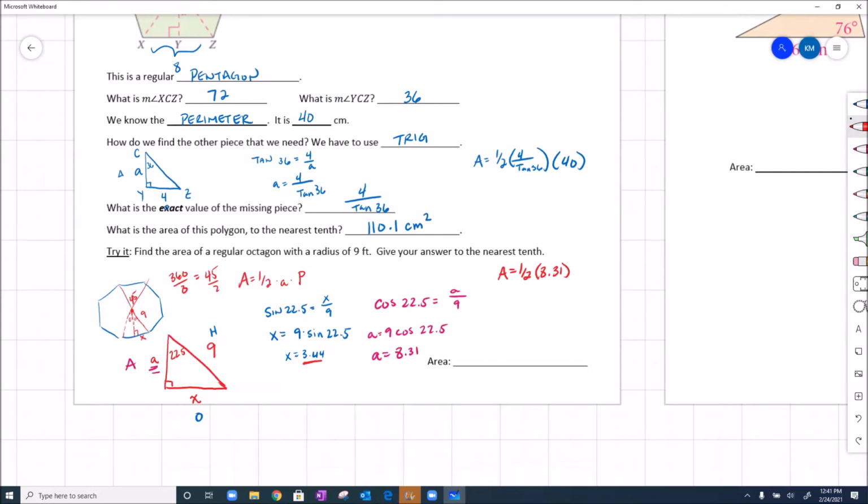Our whole side should be something like 6.888. And there are 8 of those sides. It's an octagon. And so we find our perimeter is 55.1.